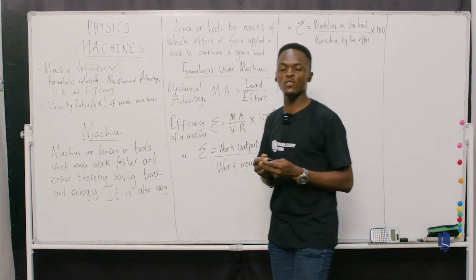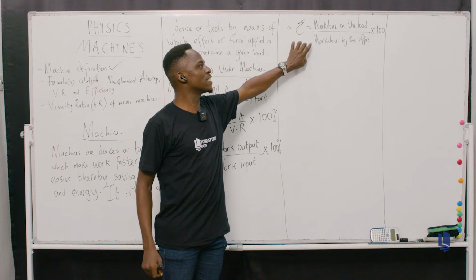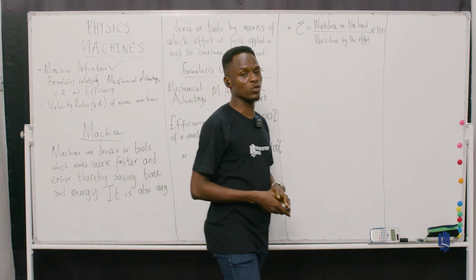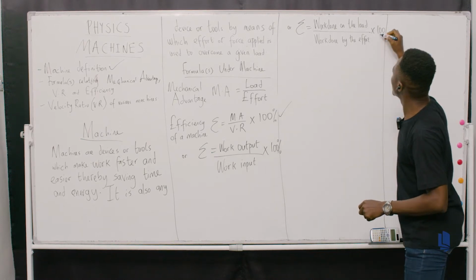You know why I'm giving you this one? UTME examination is centered around this, talking about efficiency most of the time. They ask it based on this guy and this guy.